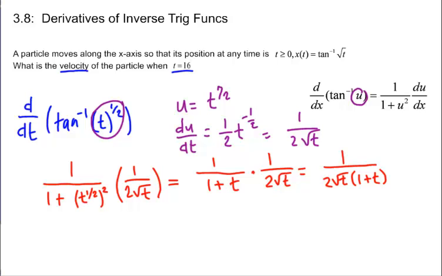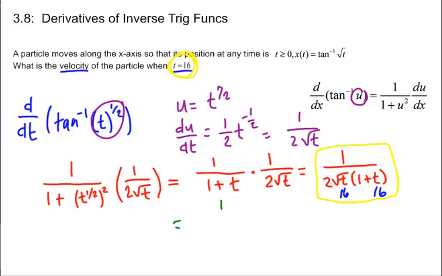If I have a derivative, and I have a time t, can I find the velocity of the particle? Yes, I can. Just substitute 16 in here and substitute 16 in here. And when you get that done, you've got your velocity.